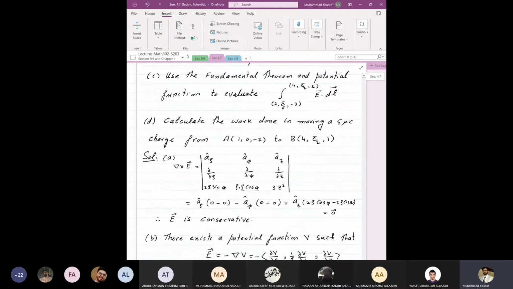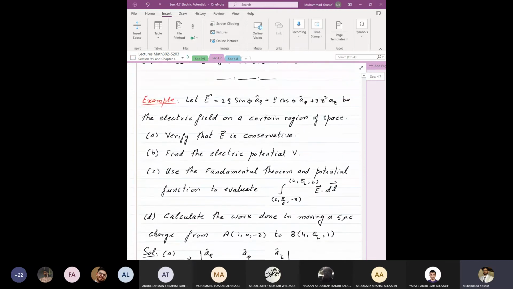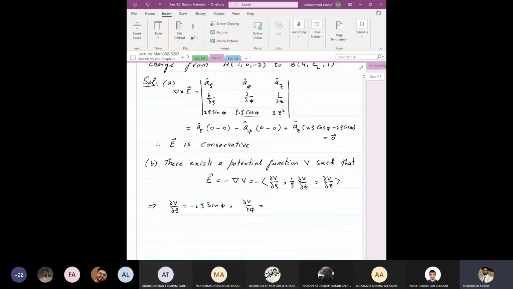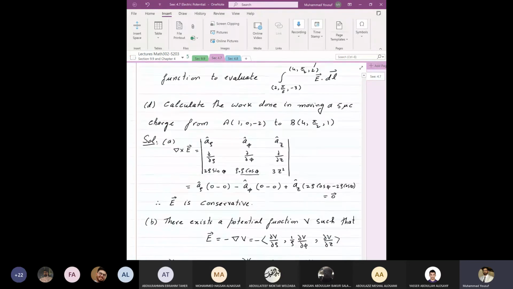So negative 2 rho sine phi. And then partial V by partial phi. So I take rho to the other side, which is rho cosine phi, so now it becomes negative rho square cosine phi, and partial V by partial z is equal to 3z square.